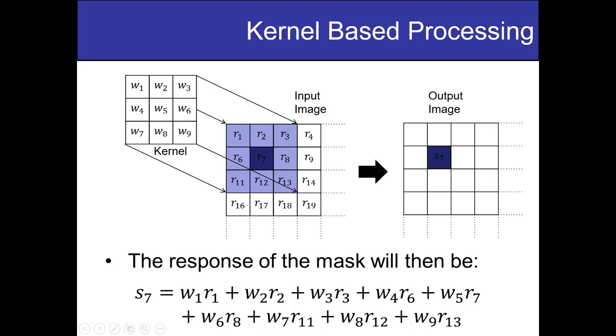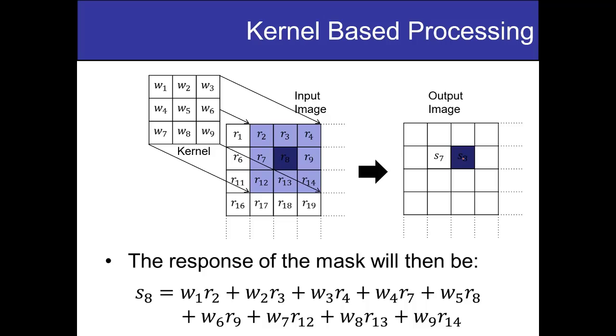Just replace your R with your x. Okay, x8, x11 and so on. So to find the net, just call it net 7 because this number is 7. Then you need to do a sum of products between this one and this one. Then after you finish this one, to get net 8, you need to slide the window like that.